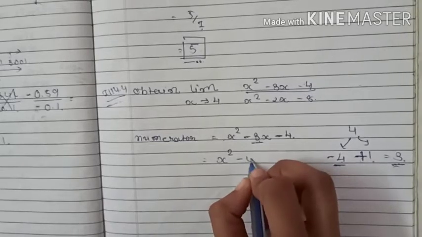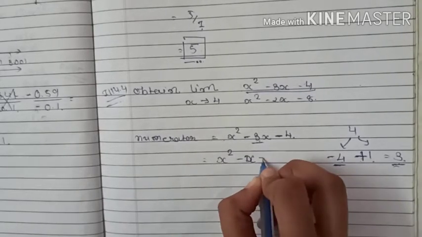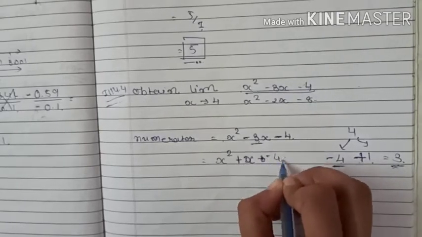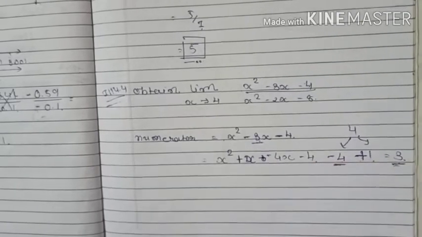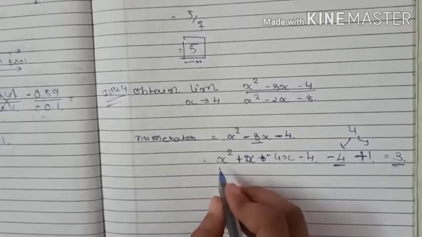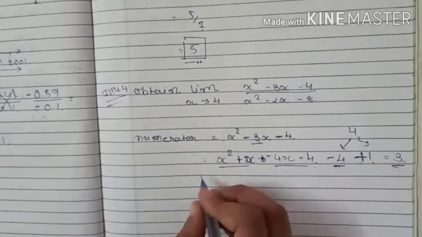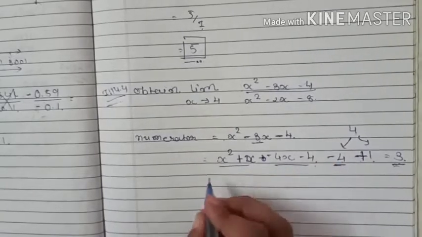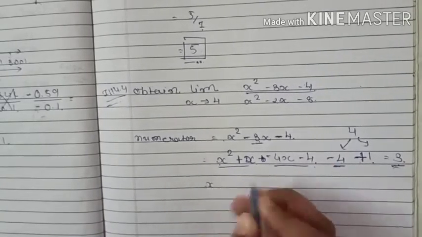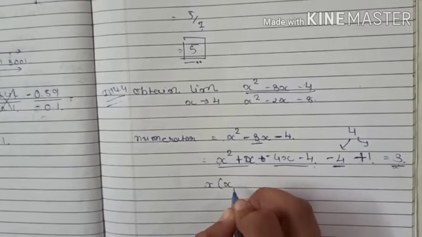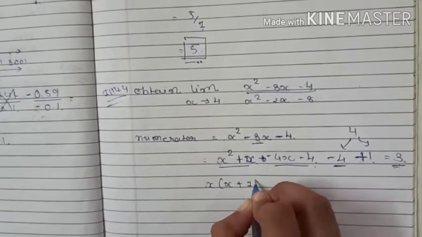So x square minus 4x plus x minus 4, right? Out of this we take x common, so x plus 1.